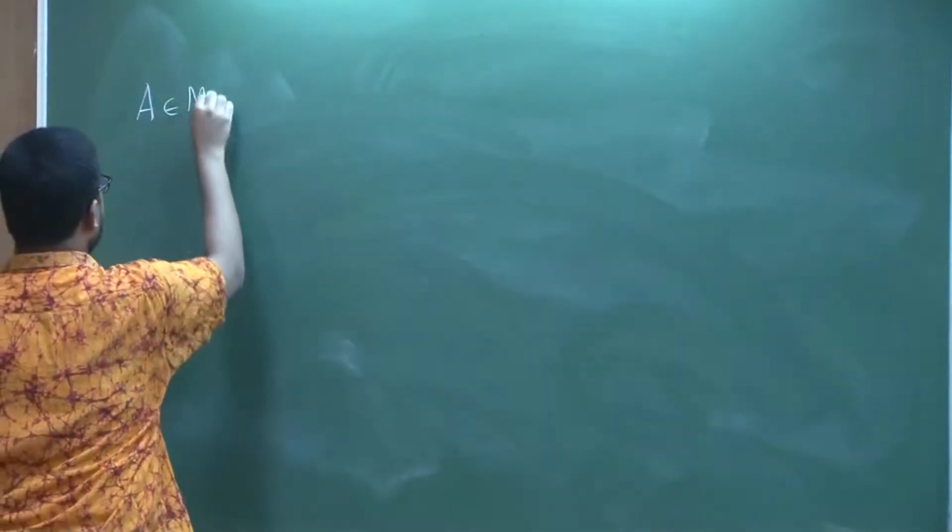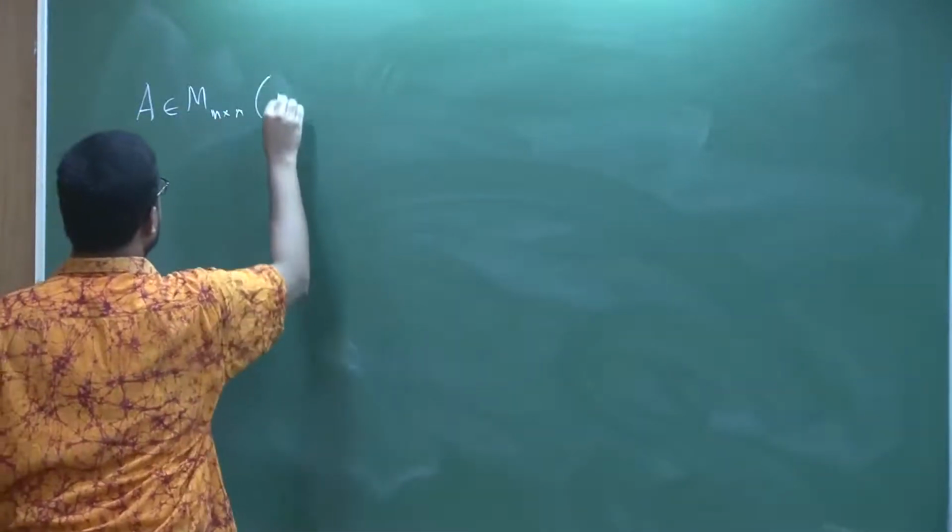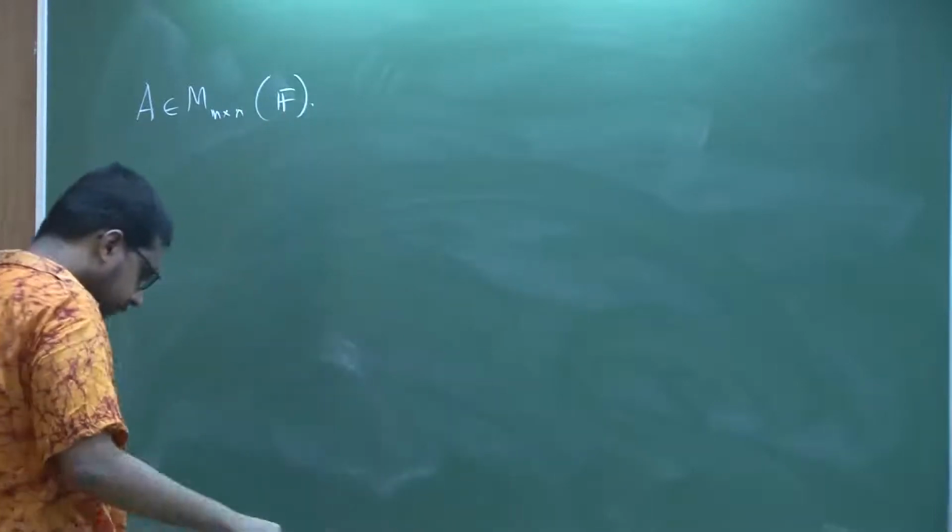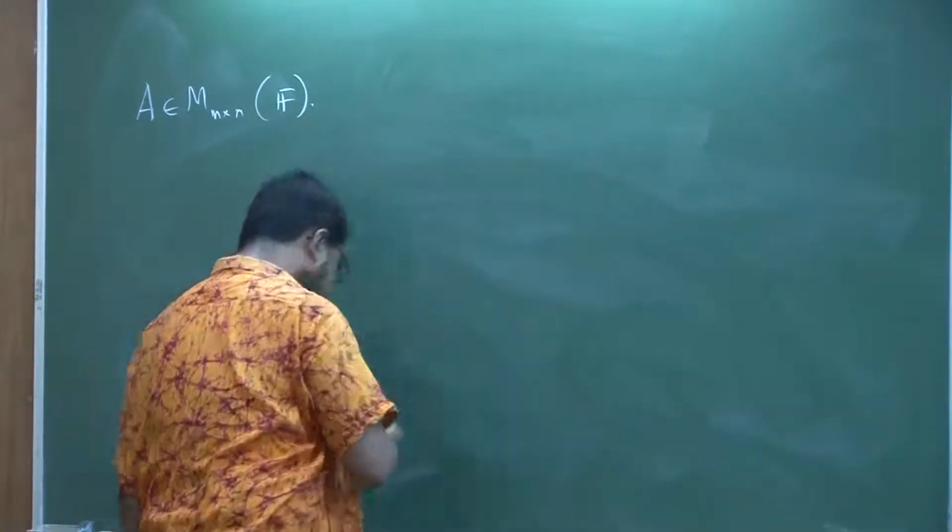Okay, so we start with an m by n matrix A. We would like to prove by contradiction.